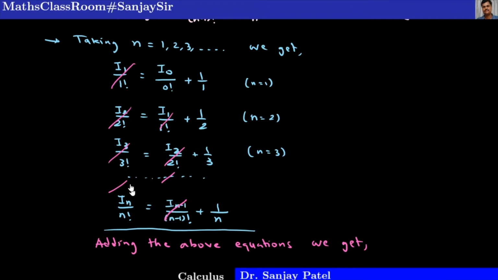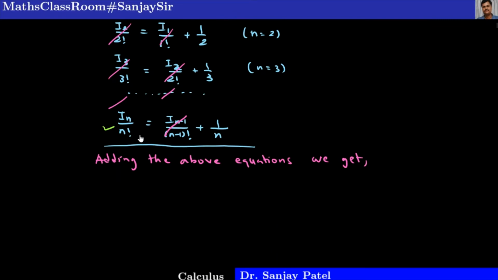So what is left when you add all this is only this In upon n factorial, this term, and in the left hand side and the right hand side, what is left is I0 upon 0 factorial and all these numbers 1, 1 by 2, 1 by 3 and so on.